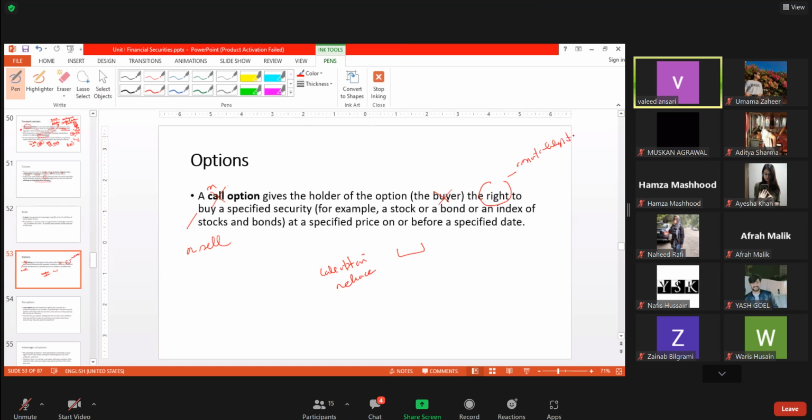Anyone has the right, and one can exercise this right or not. For example, if the prevailing price is not favorable to the buyer or seller, one will not exercise and will let it go. There are two types of options: a call option, which gives the right to buy, and a put option, which gives the right to sell.